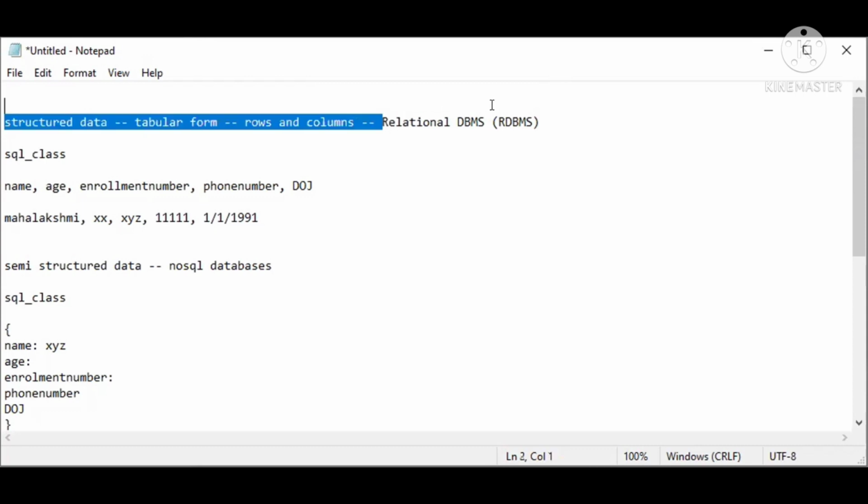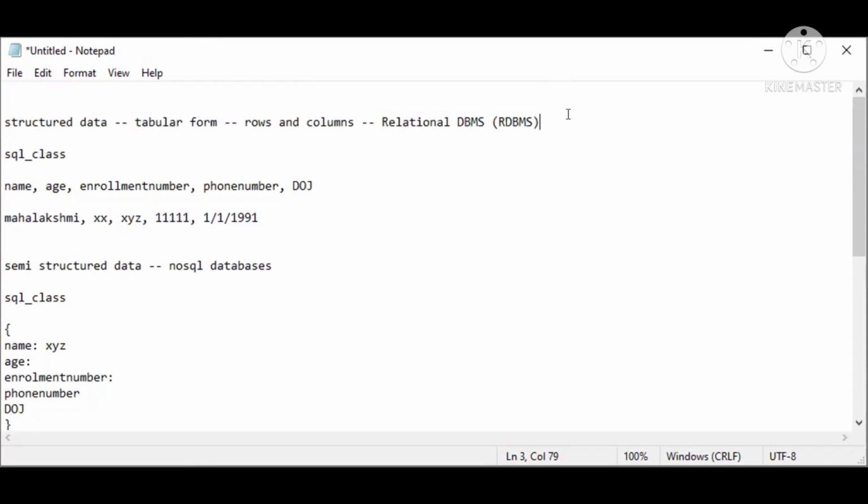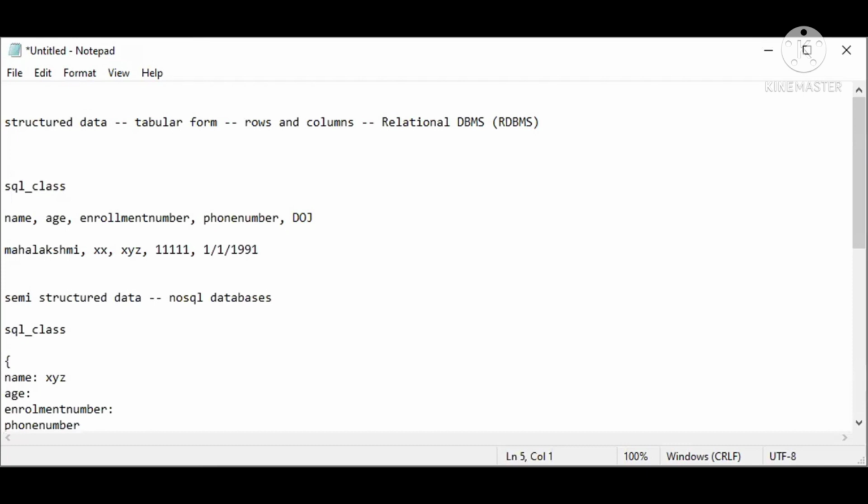Some examples of RDBMS are Oracle, SQL Server, MySQL. Everyone is aware of these names. So we use these databases to store structured data. All clear on what structured data is, how it looks, and what we use to store it?